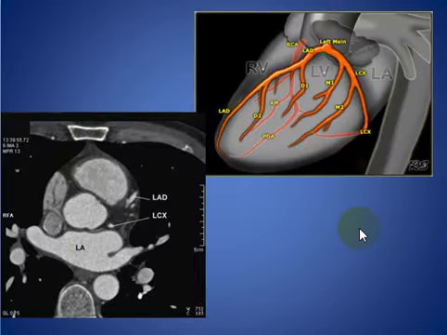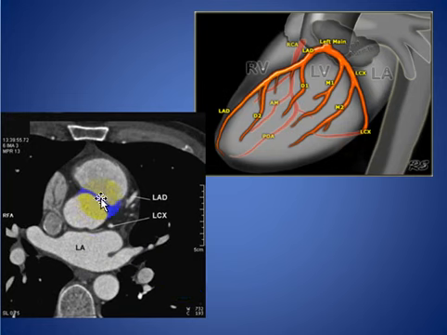The second branch of the left main coronary artery is the circumflex artery, as we see here in the axial cut CT scan and here in the lateral projection.